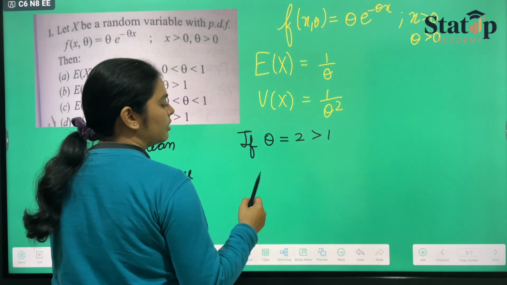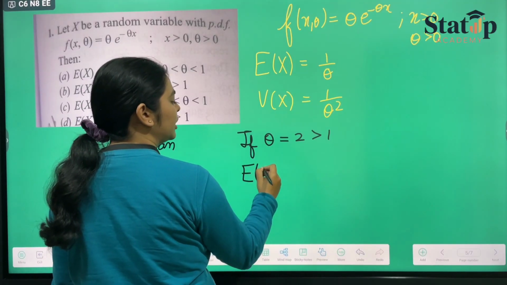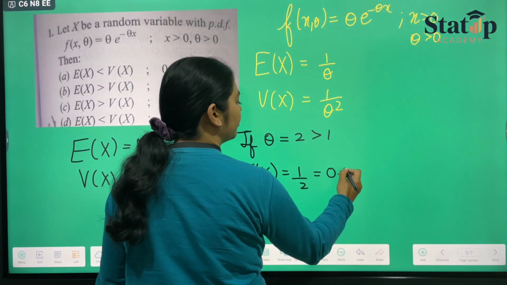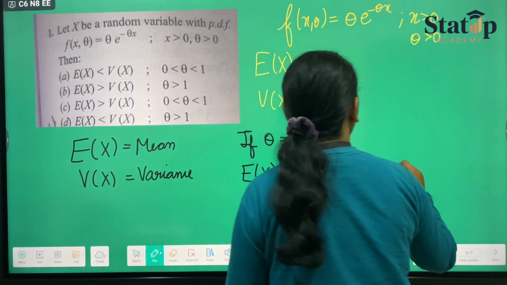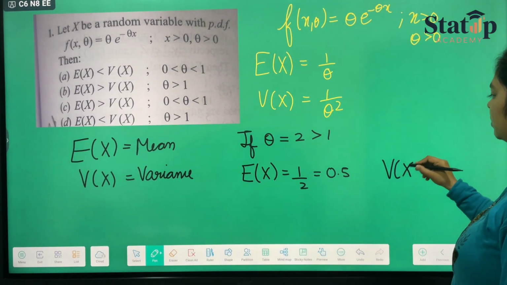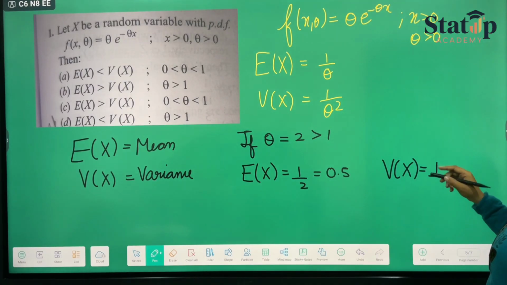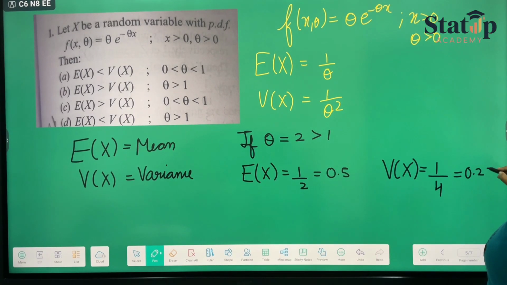Expectation of x will be 1 upon 2, which is 0.5, and variance of x will be 1 upon 2 square, which is 1 upon 4, which is 0.25.